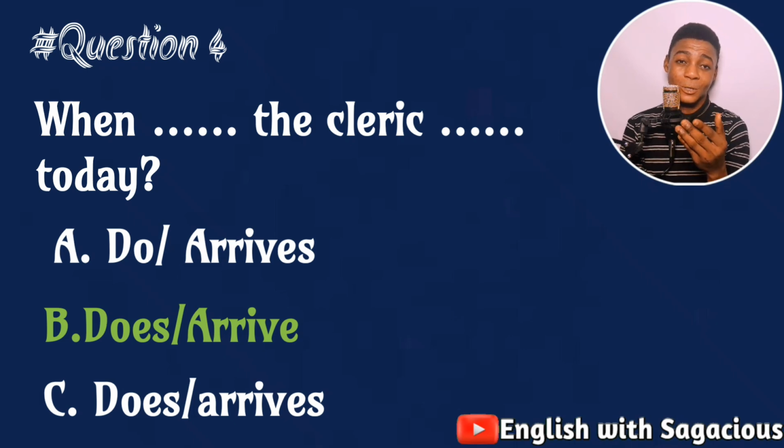So for that reason you use a single verb because the subject is singular. Do you get it? So after every do class of verbs like the does, the did, the do itself, you must always use a present plural verb, otherwise known as the base verb. Okay, so that is why it is arrive and not arrives.